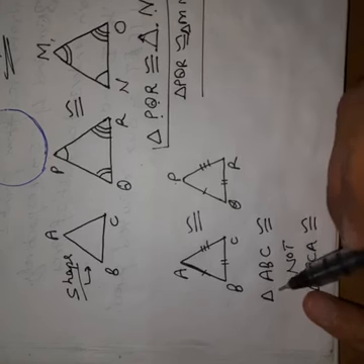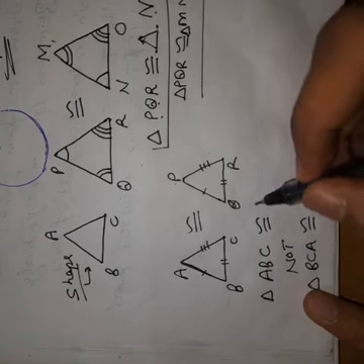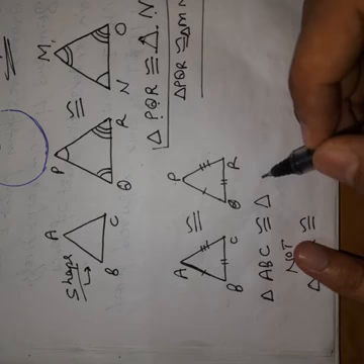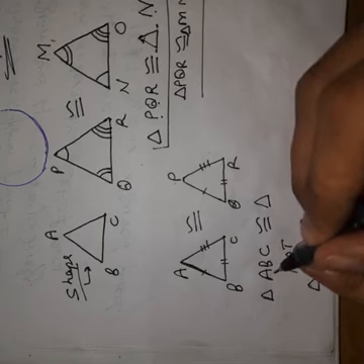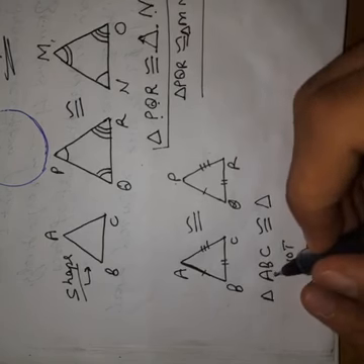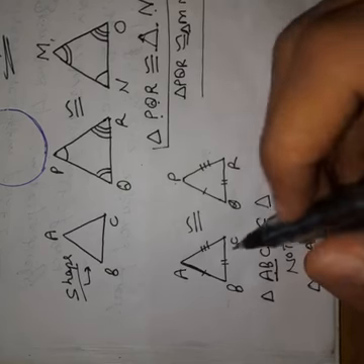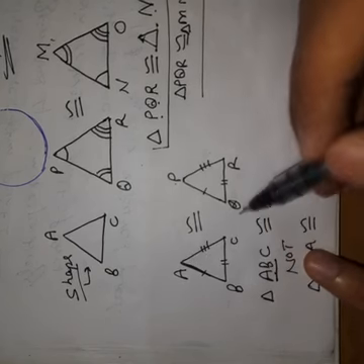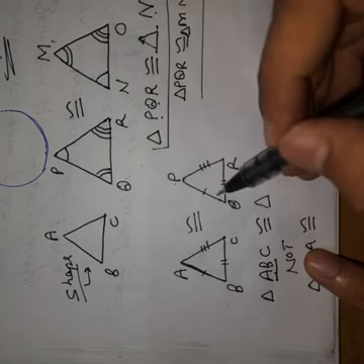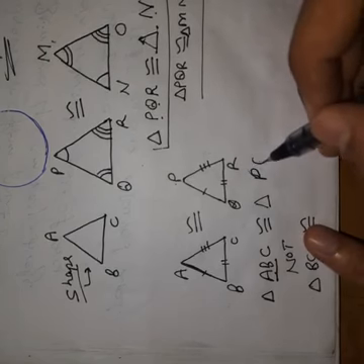So I have written here triangle ABC is congruent to, again we will make sign of triangle, then we will start writing our triangle. The triangle ABC is equal to which triangle? So we will take first two letters, which are A, B. Now we will see side AB is equal to which side, and we know that side AB is equal to side PQ. So here we will write PQ.